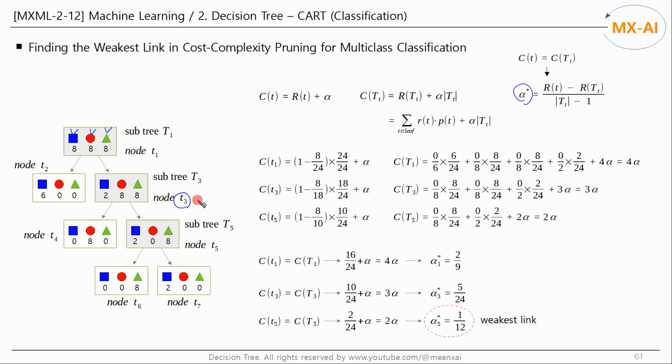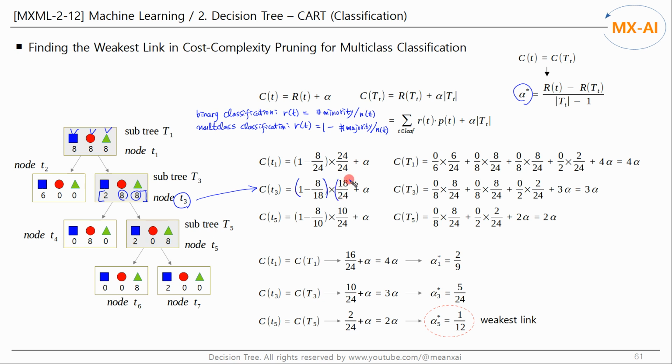Let's compute the cost complexity measure for node T3. In binary classification, the misclassification rate is defined as the proportion of samples belonging to the minority class within a node. Whereas in multi-class classification, it is instead defined as 1 minus the proportion of samples in the majority class. At node T3, there are 18 data points, 8 of which belong to the majority class. Therefore, the misclassification rate is 1 minus 8 divided by 18.